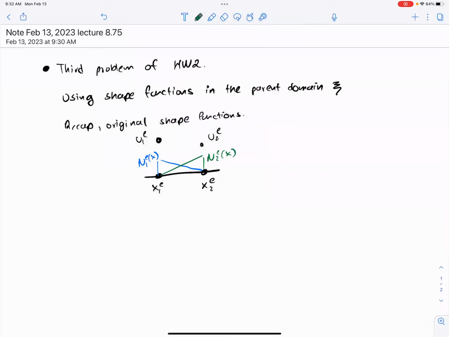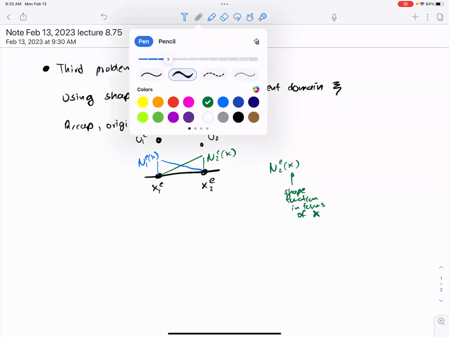So this was the original setup, and in that original setup, we defined the shape functions directly in terms of x.